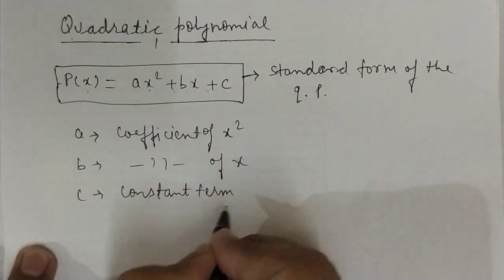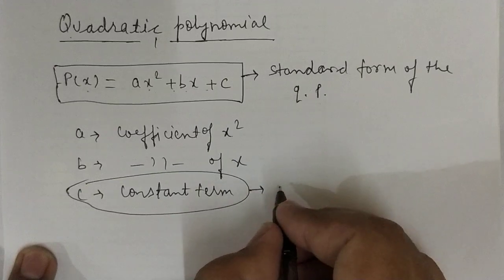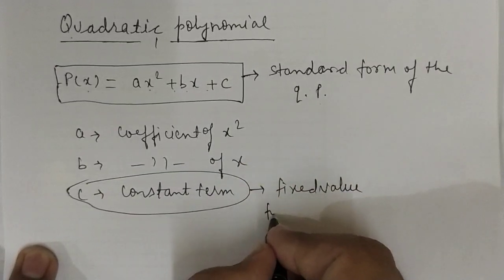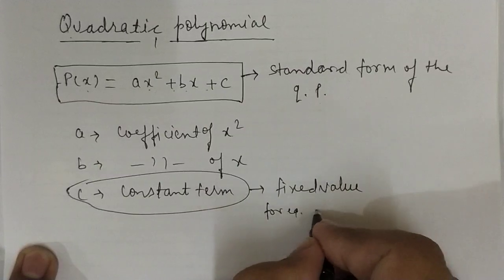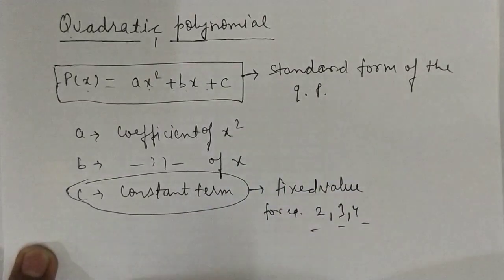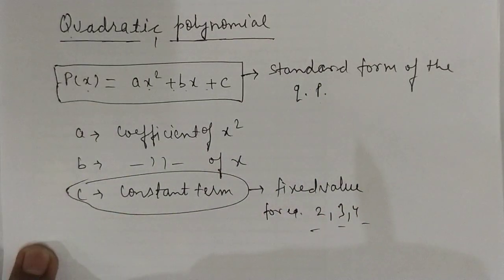What is the meaning of constant term? A term which has a fixed value. For example, you can check 2, 3, 4. These are all constants because the value of a constant is fixed.